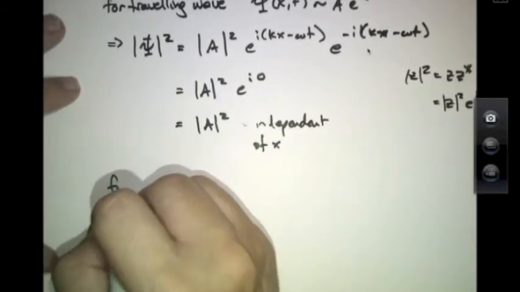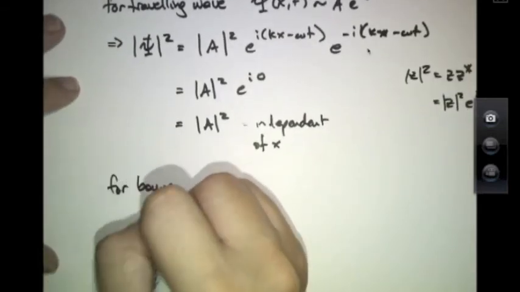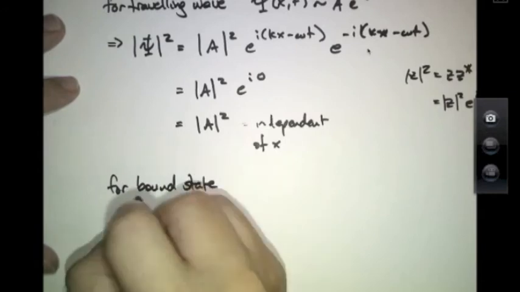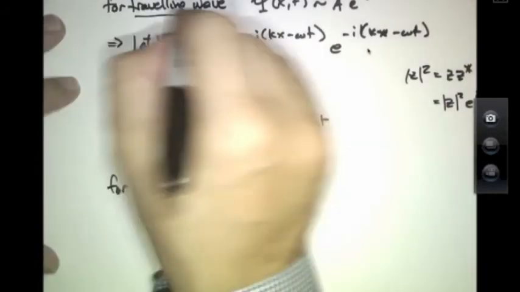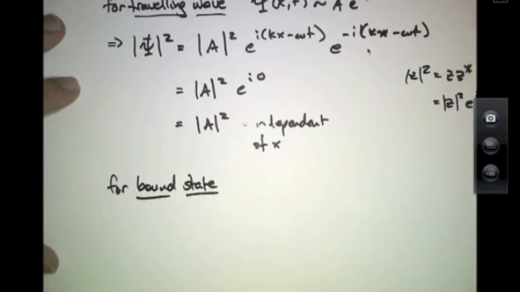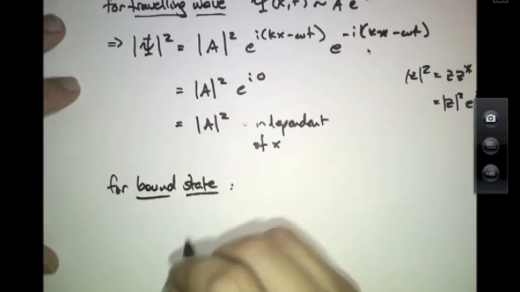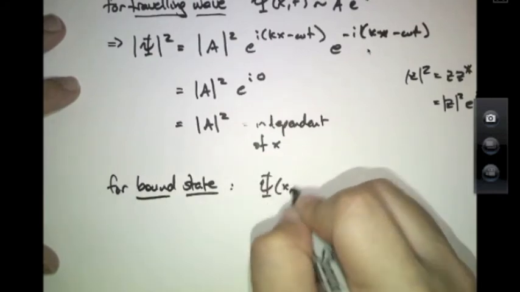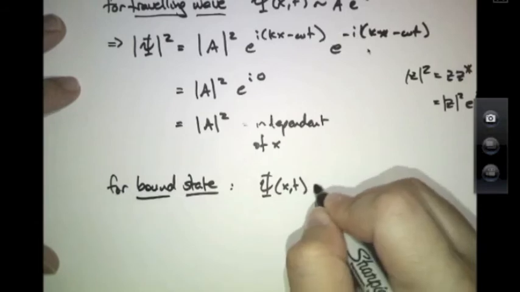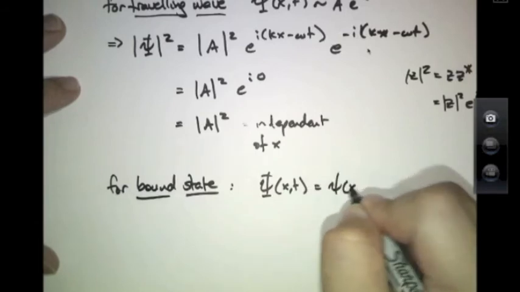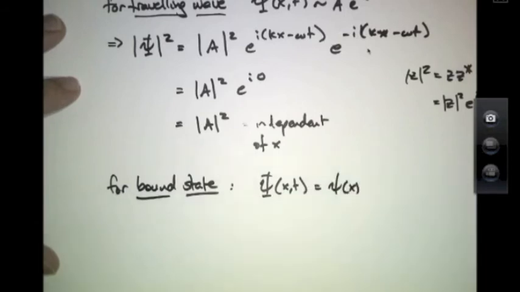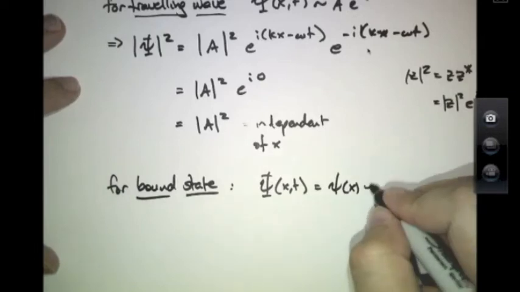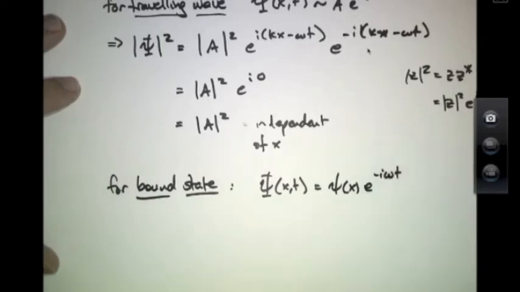For a bound state, this is a completely different example. Before I had a traveling wave, now I'm going to talk about a bound state. We remember that the wave function always has to have the form capital psi of x and t equal to some function only of x, which I'll write as little psi of x, times e to the minus i omega t.